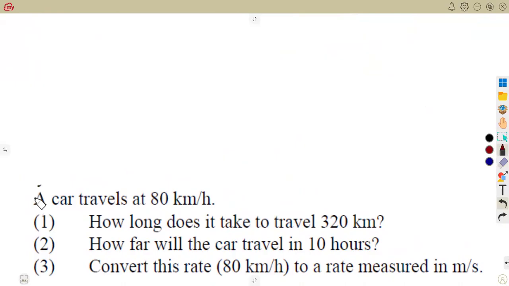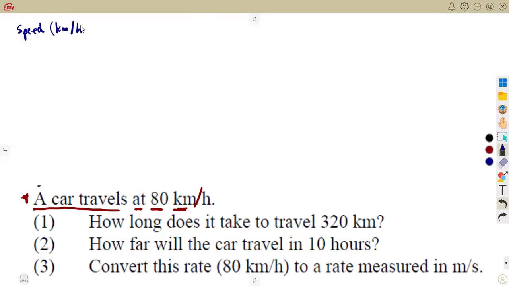You are given in this question, a car travels at 80 kilometers per hour. What is it that you are referring to there? The speed, 80 kilometers per hour. Remember, speed is measured in kilometers per hour.